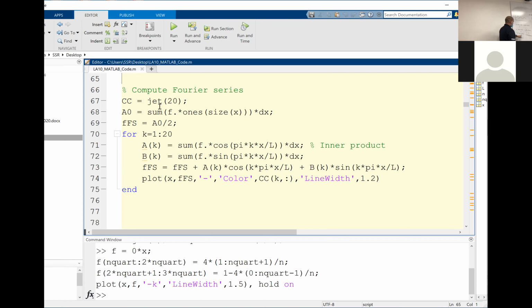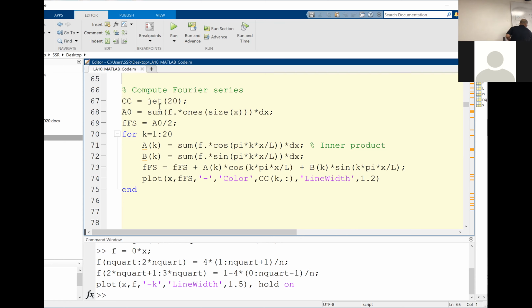I'm going to take an inner product with the basis cosine omega x dx, and then I'm going to normalize that with the constant that I have over here. So this is how the Fourier series decomposition looks.